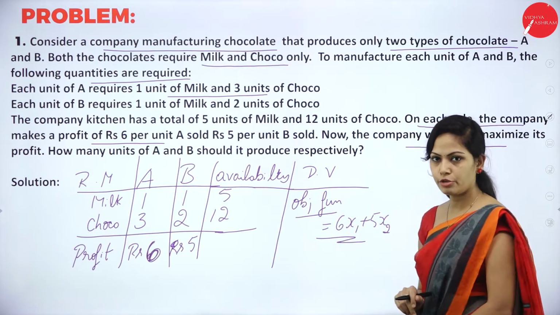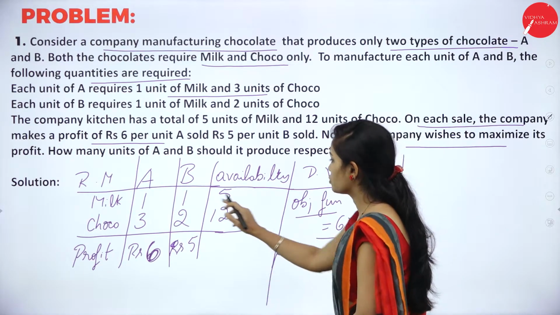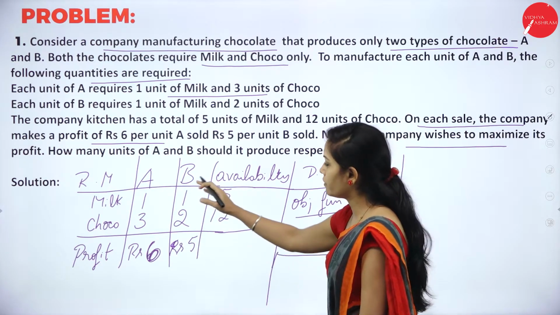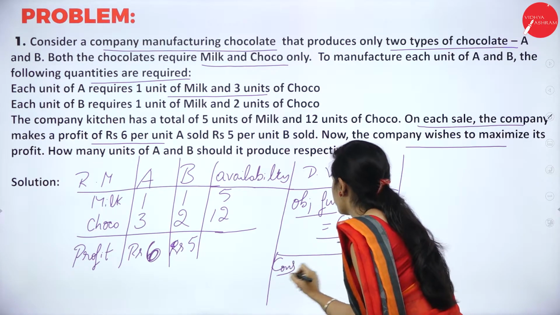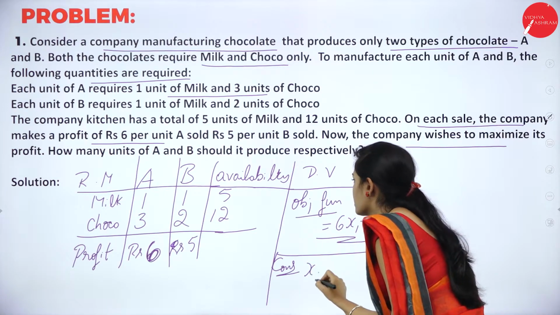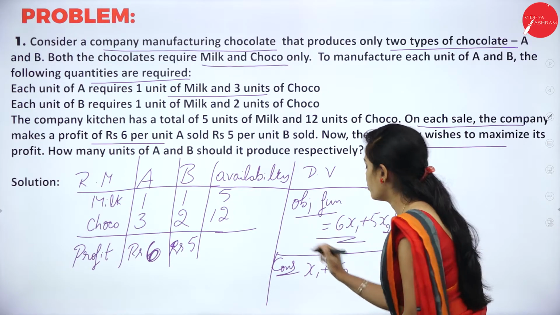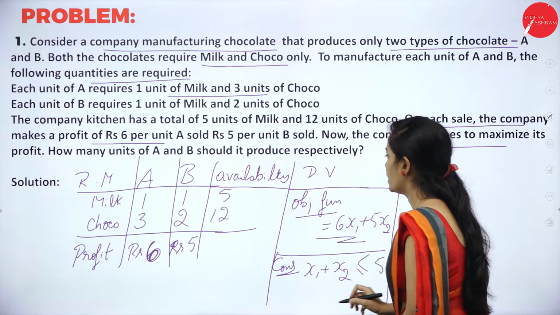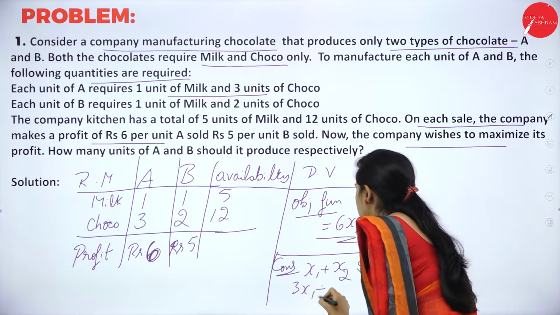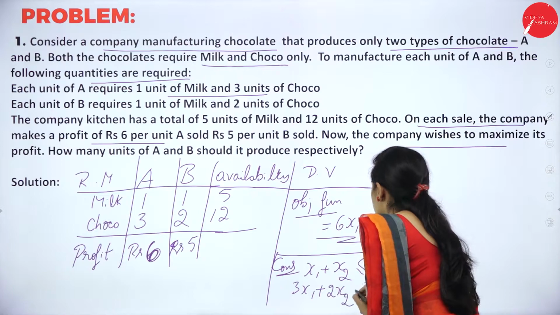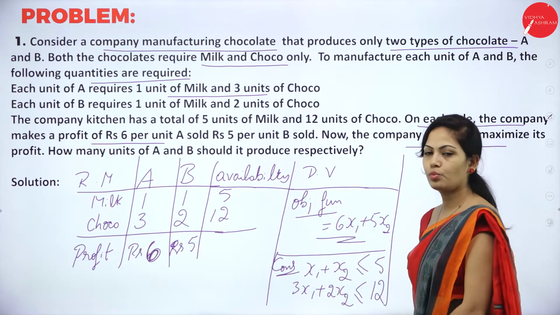Now the constraints: x1 plus x2 is less than or equal to 5, based on availability, and the second constraint is 3x1 plus 2x2 less than or equal to 12. So these are my constraints.